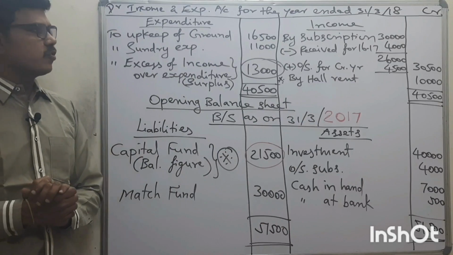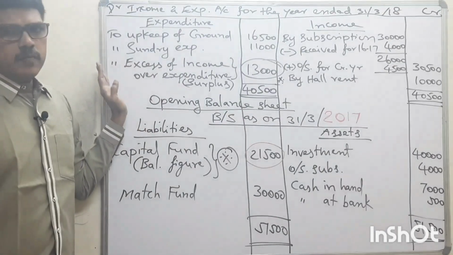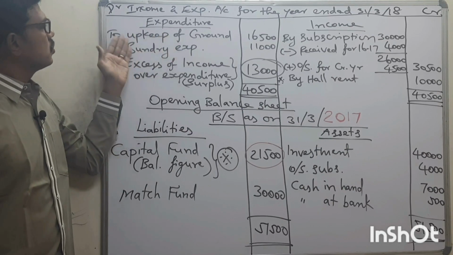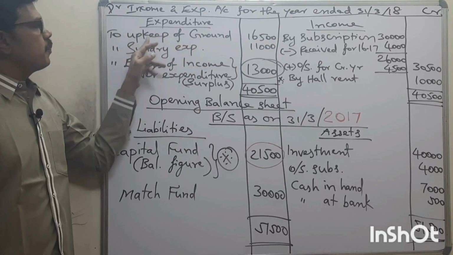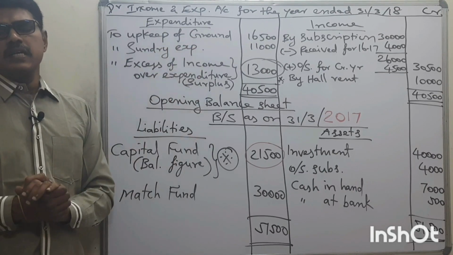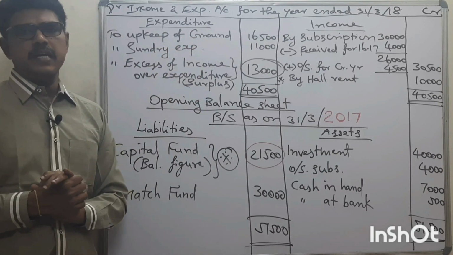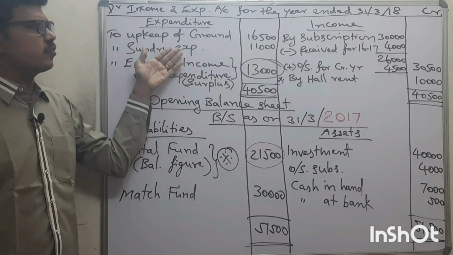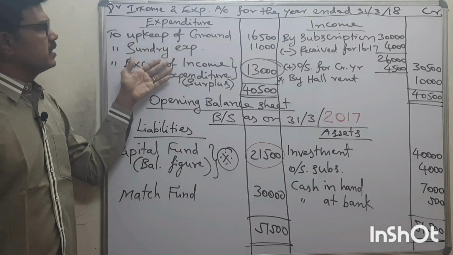As I have already explained the problem thoroughly, let me directly show the values here, right? Upkeep of ground. We should show all the recurring expenses. Recurring expenses are revenue expenses, in the expenditure side.